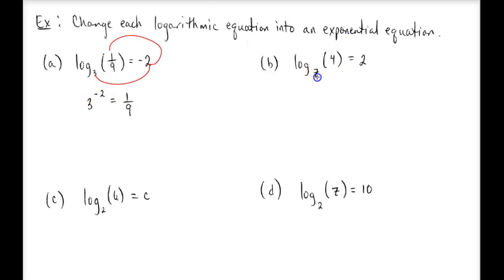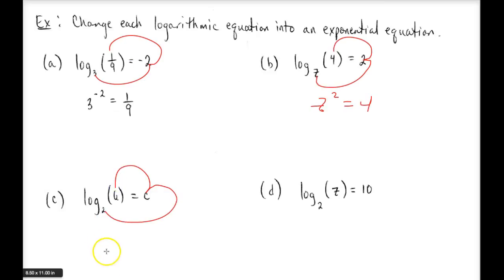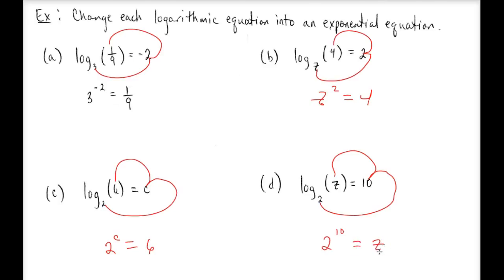For example B, Z raised to the power of 2 is equal to 4. Okay. For the next one, 2 raised to the power of c equals 6. And we see 2 raised to the power of 10 is equal to z. So that's how we convert those.